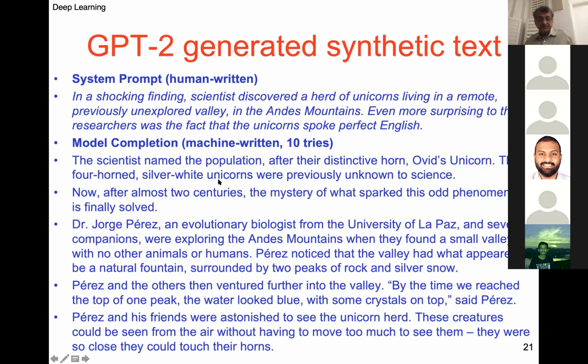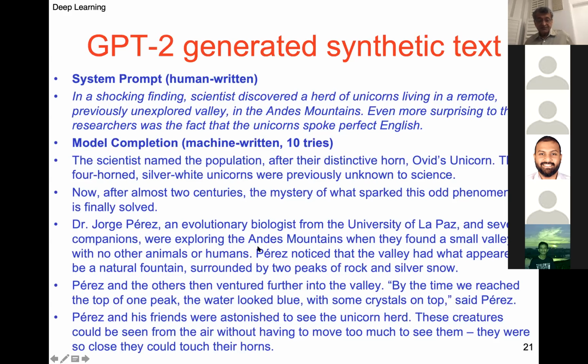So it's making up that it's a four-horned one. Now, after almost 2 centuries, the mystery of what sparked this odd phenomenon is finally solved. Dr. Jorge Perez, a Spanish-sounding name, an evolutionary biologist from the University of La Paz, which is, I guess, close to the Andes Mountains. So it knows about that.